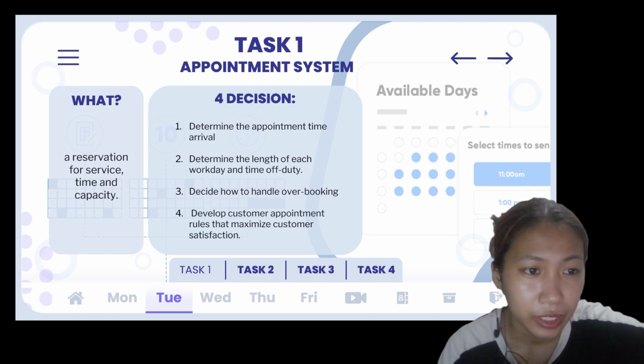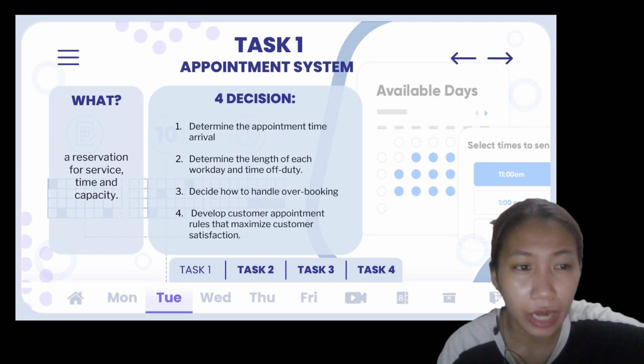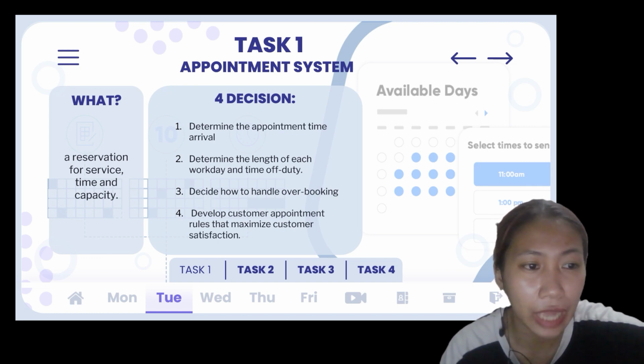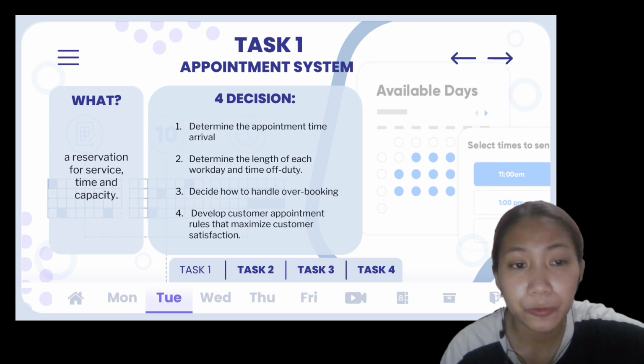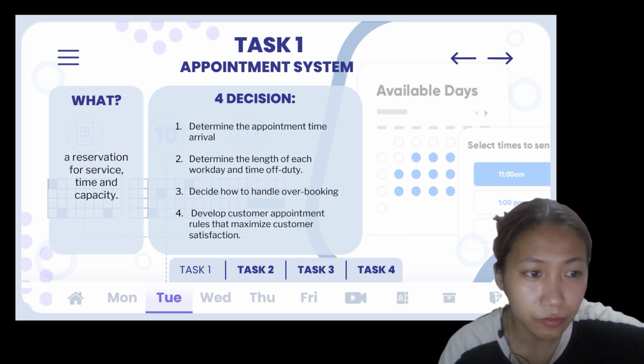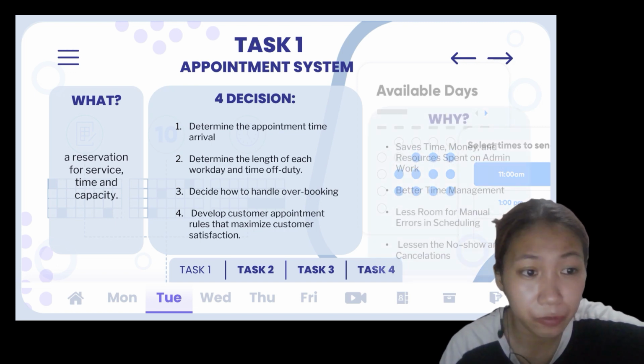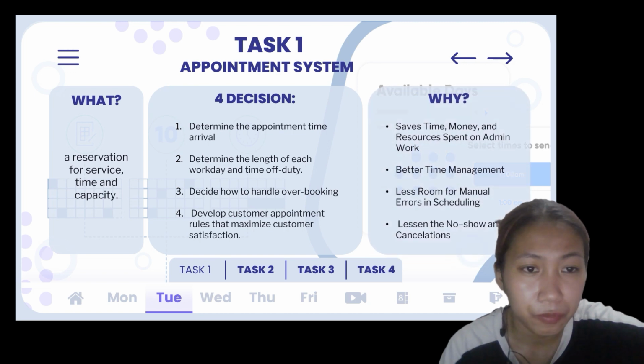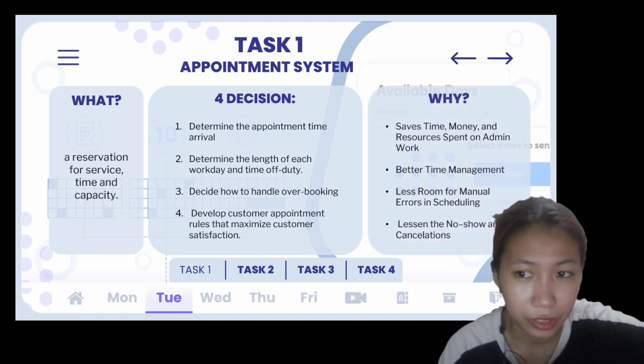the appointment system to help the company allocate the amount of time for the tasks, as well as for the appointments that they receive, and have better time management, since there will be fewer errors as well as fewer no shows and cancellations.